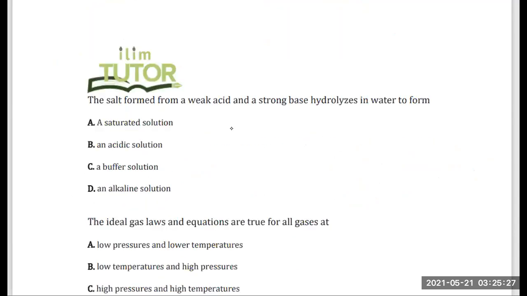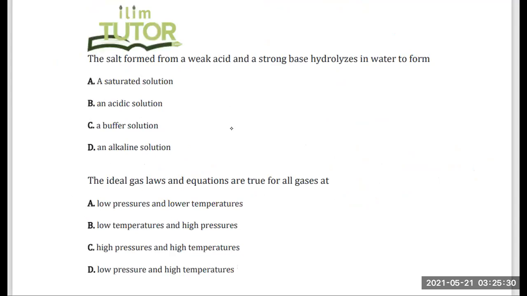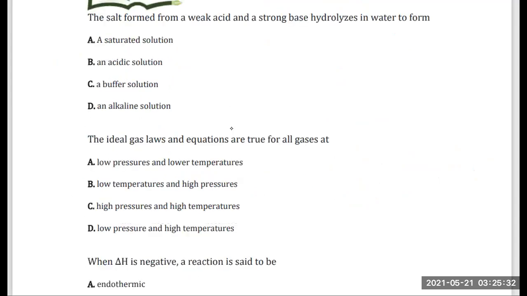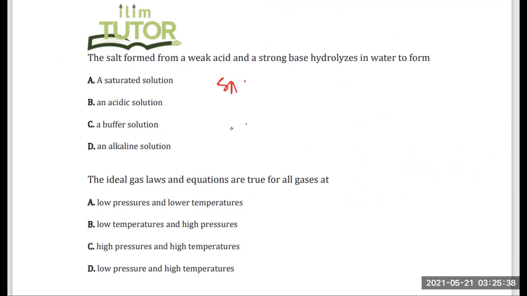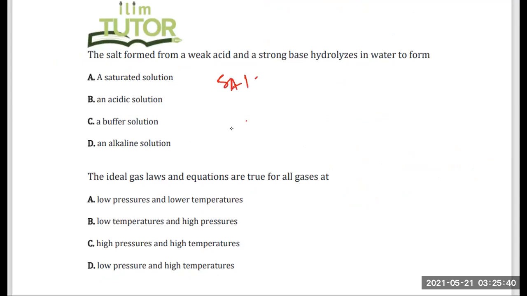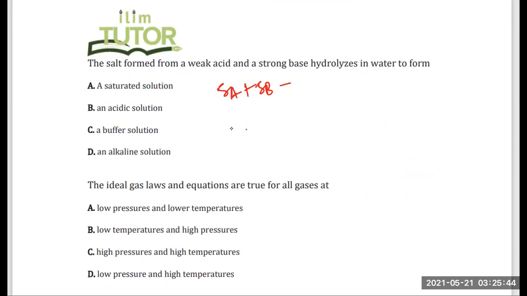The salt formed from a weak acid and a strong base hydrolyzes in water to form what? So how do we solve this question? We need to have an understanding of hydrolysis. If I have a strong acid plus a strong base, the salt that is formed in solution on hydrolysis will be neutral.